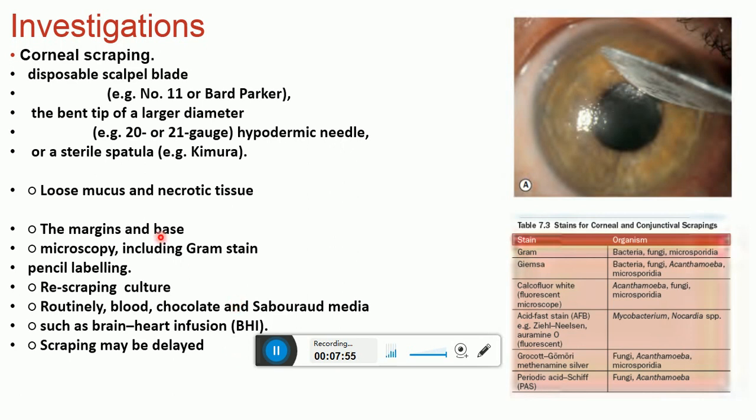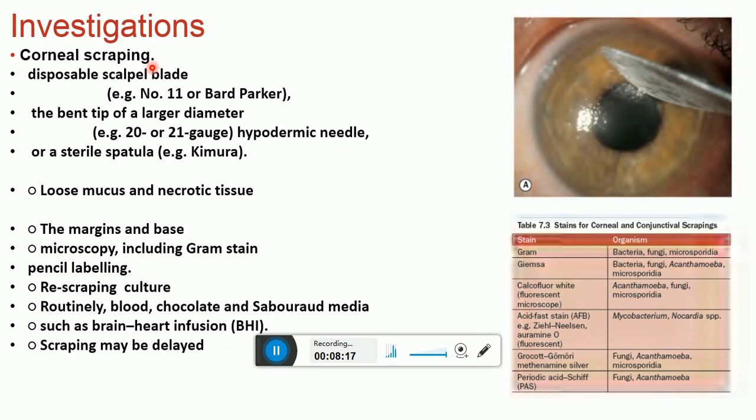Investigations. Number one is corneal scraping. Corneal scraping may not be required for a small infiltrate, particularly one without an epithelial defect and away from the visual axis. A non-preserved topical anesthetic is instilled.